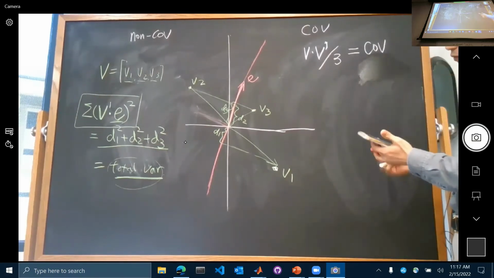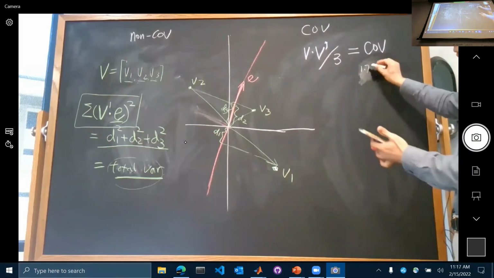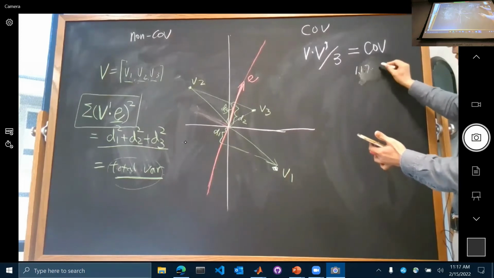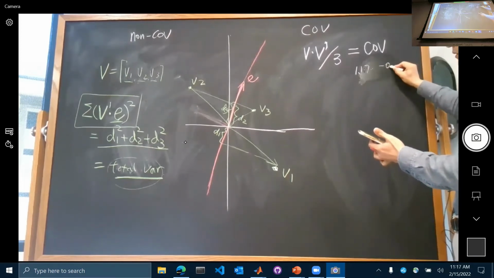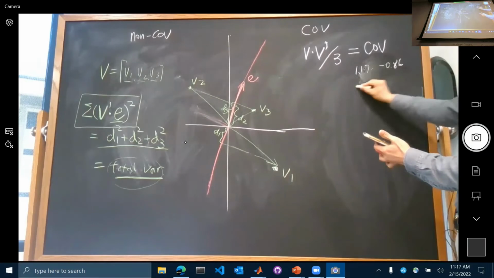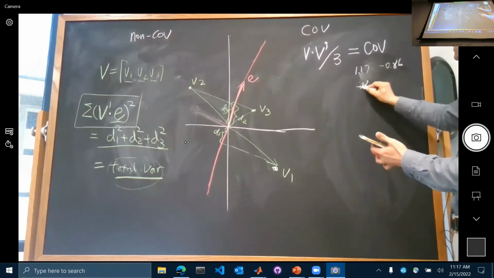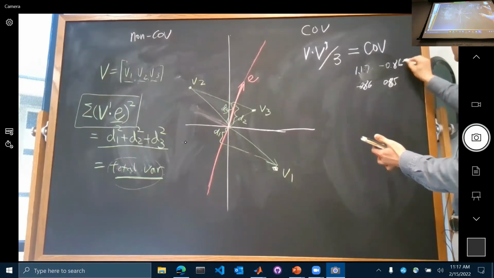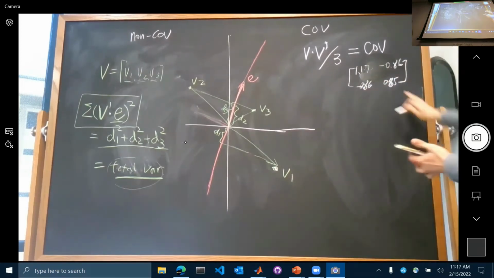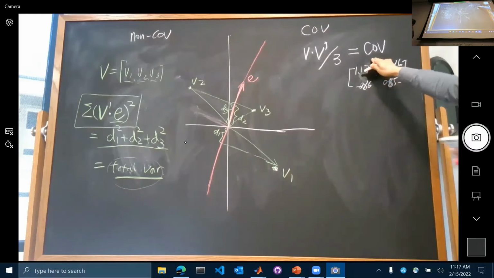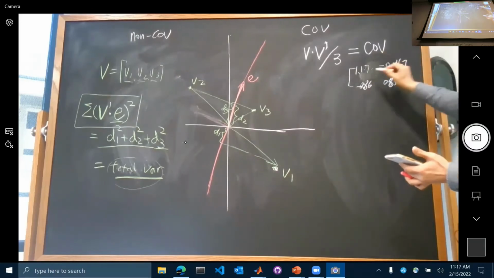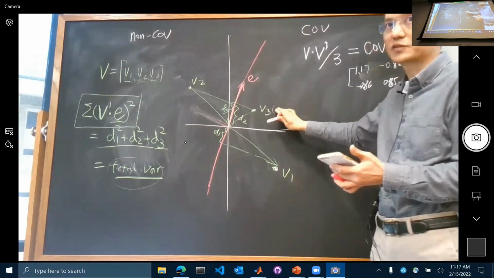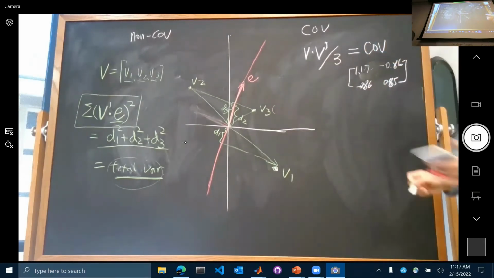It's something like this, 1.7. This is a variable by variable matrix. Because you have two variables, x and y, you have a 2 by 2 covariance matrix.